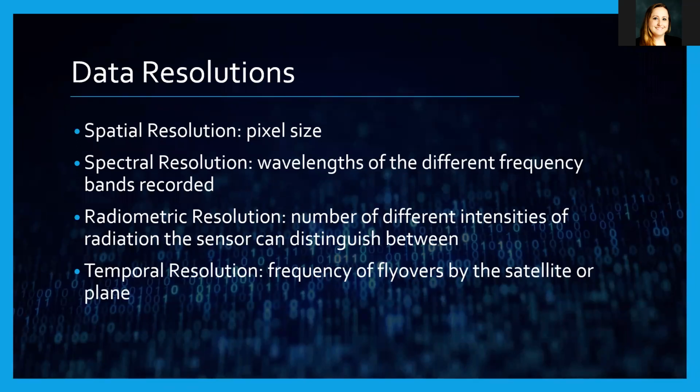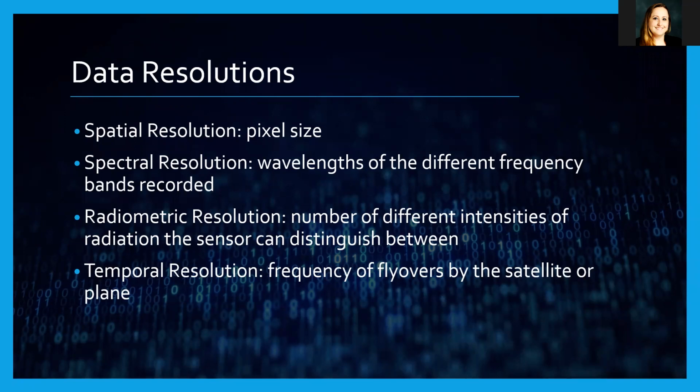The quality of the remote sensing data consists of its spatial, spectral, radiometric, and temporal resolutions. Spatial resolution is the pixel size of the raster image. Spectral resolution accounts for the wavelength of the different frequency bands recorded.